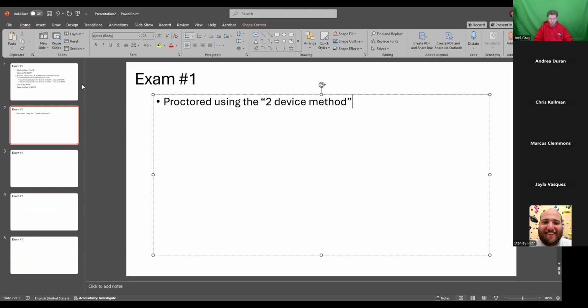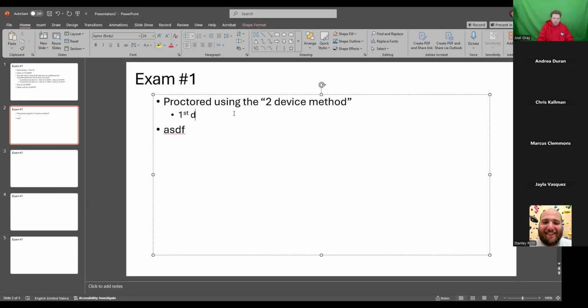Now, what does that mean? I'm going to do ASDF so I can have another bullet point down there. But now I'm going to tab in to say, what is the two device method? The two device method utilizes two electronic devices, hence two.